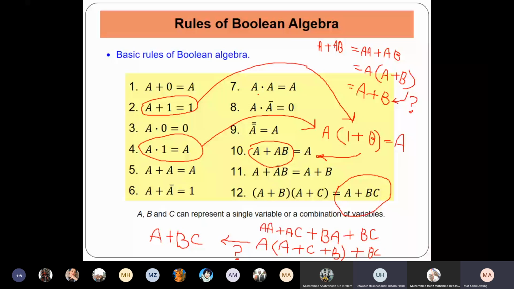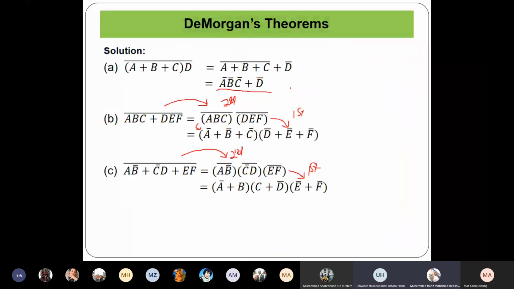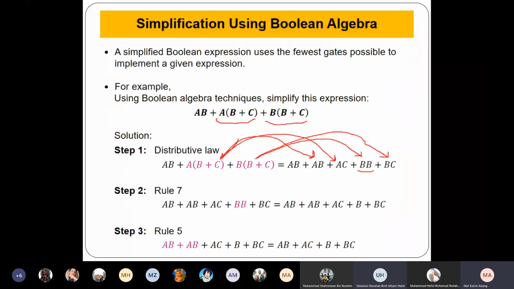A and A is A. So BB becomes B, rule number 7. So you reduce this equation to this.